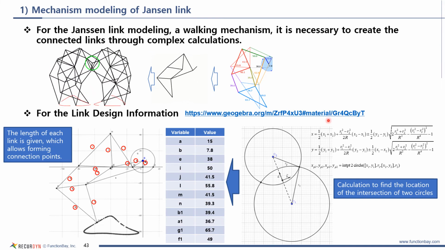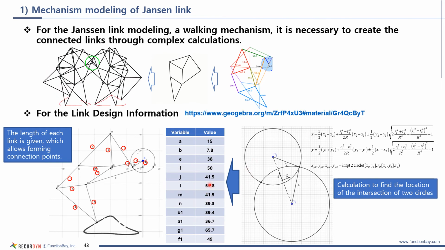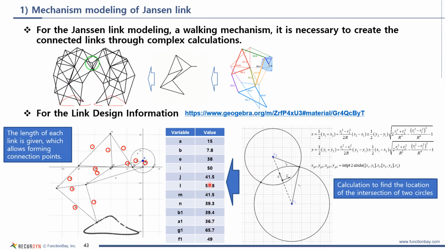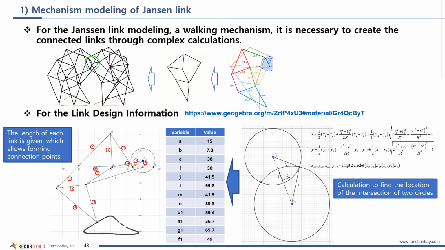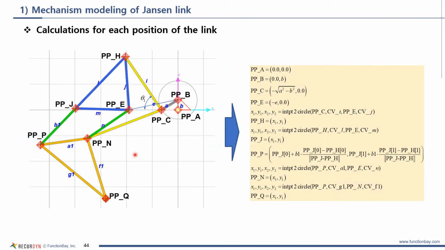In this example, the Python script makes it easier to calculate the positions of complex links and create a RecurDyn model with them. What you see here is the calculation formula for each connection point of the links. The given value is the link length.